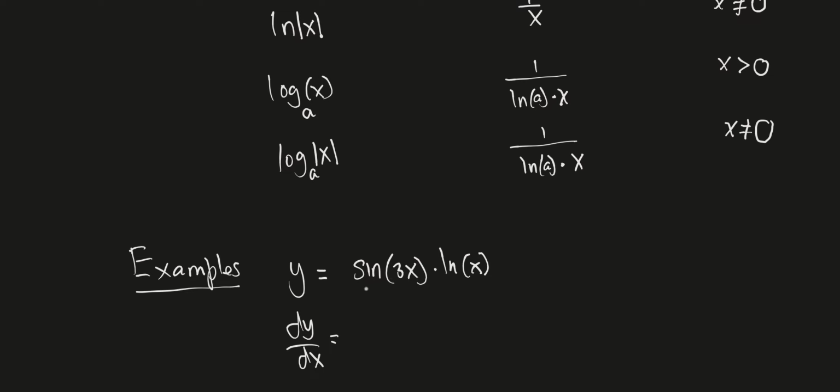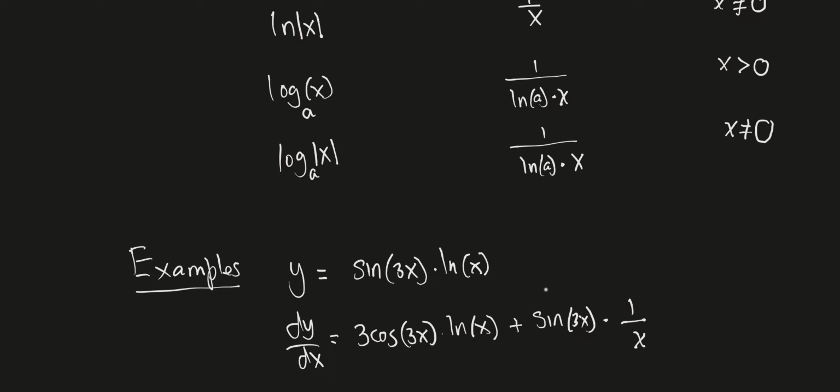So let's start by saying what the product rule says. Take the derivative of the first function, which is 3 cosine of 3x, times the second function, my natural log of x, plus the first, the sine of 3x, multiplied by the derivative of the natural log, which we just proved is 1 over x.